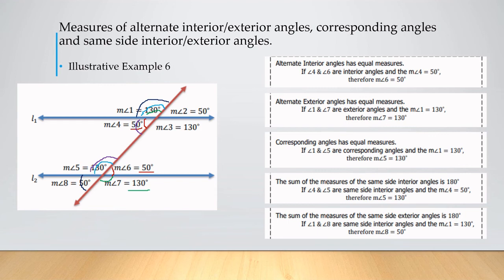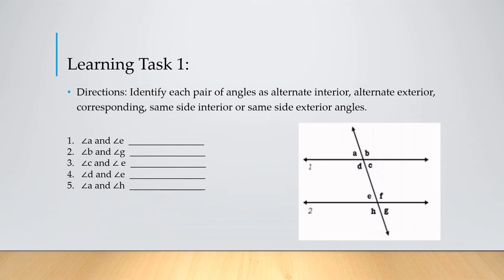Okay? Now, it's time for you to answer learning task number 1. All you have to do is to identify each pair of angles as alternate interior, alternate exterior, corresponding angles, same side interior, or same side exterior angles.